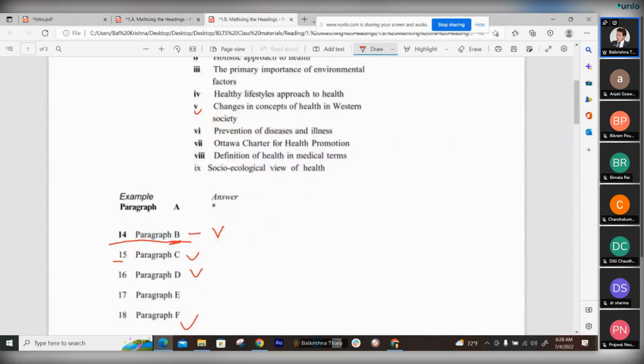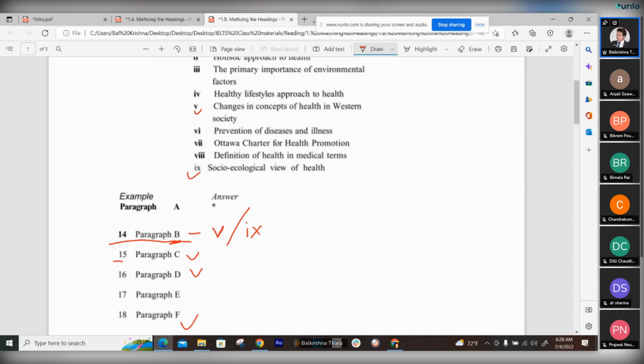What does it mean? So, for example, question number 14, paragraph B. I think that it's 5 and 9 as well. I'm really confused. So, it must be either 5 or 9. In this kind of case, we've got to mark both.